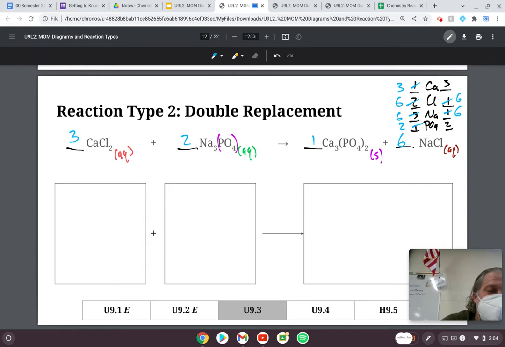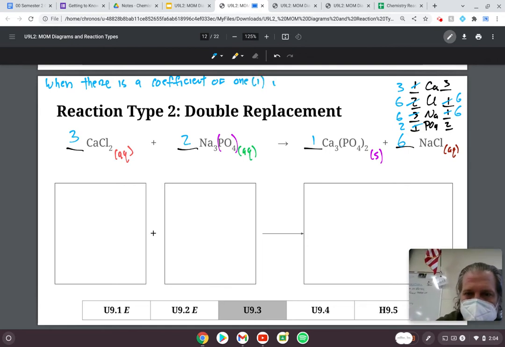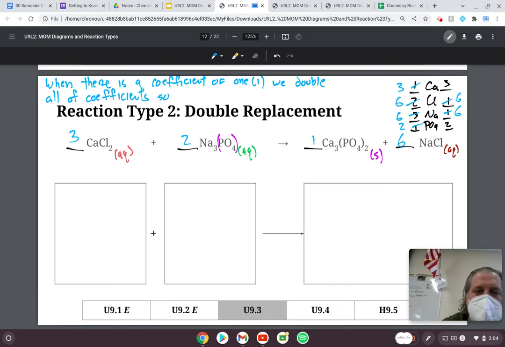That could be a solid, it could be a liquid, it could be a gas. So this is going to be important for reactions: when there is a coefficient of 1, we double all of the coefficients so we can show the states of matter.